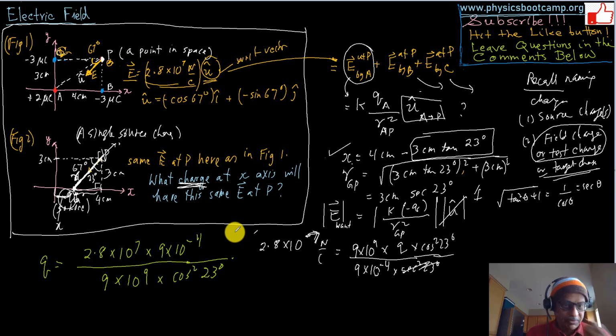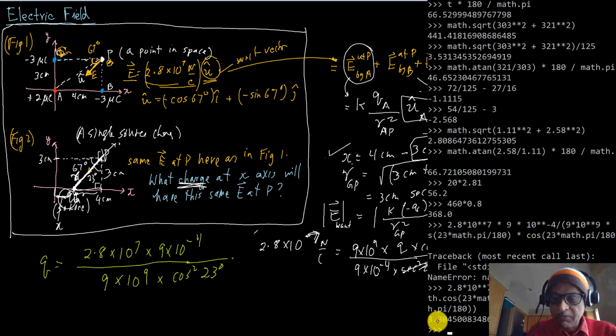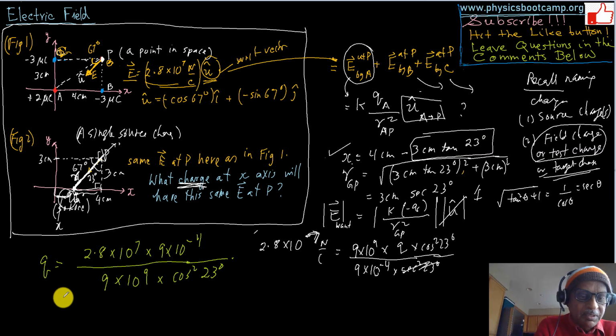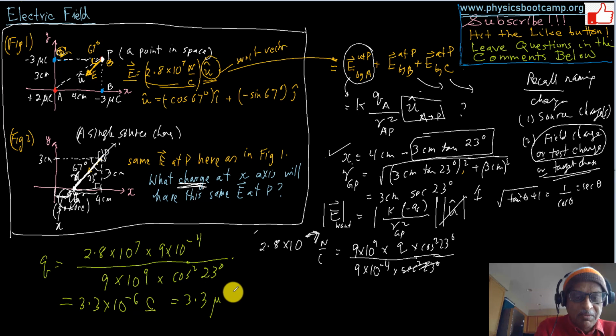So now we just numerically find out the answer. Okay. So for calculation, I find 3.3 times 10 to the minus 6 coulomb, which is 3.3 microcoulomb.